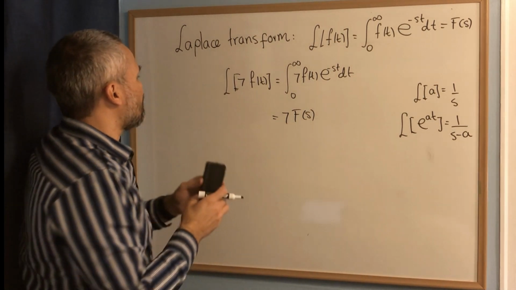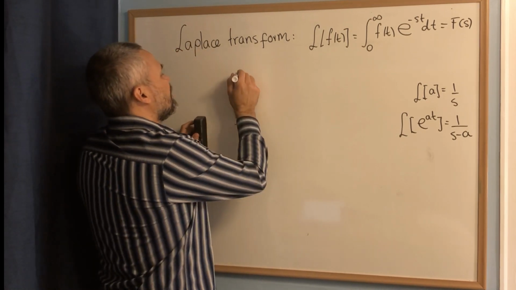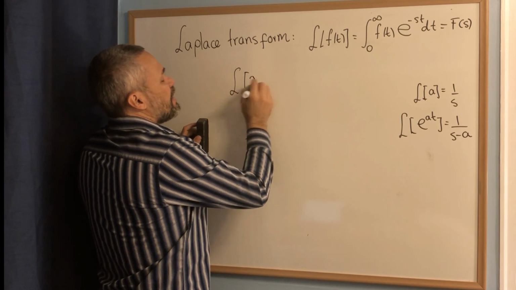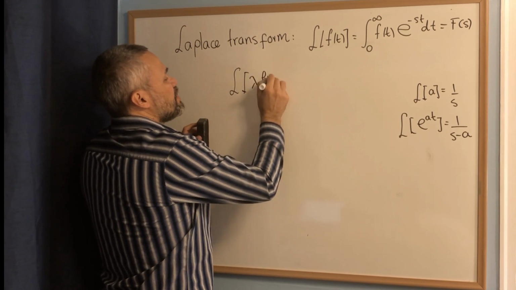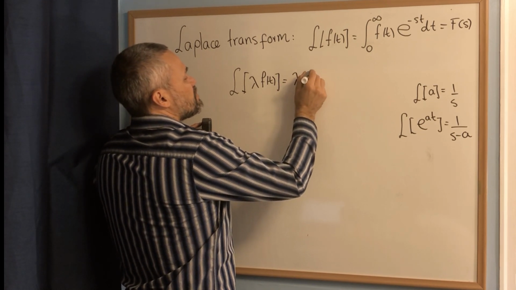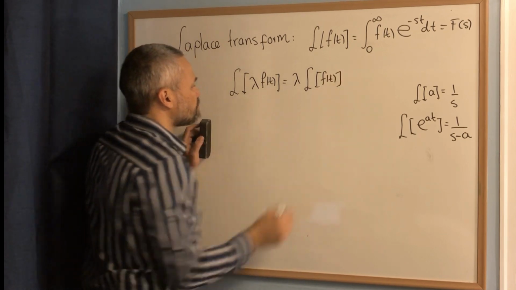Then let me write that property. Also, another property, let me write it out. The Laplace transform of any number lambda times f of t is just lambda times the Laplace transform of f of t.